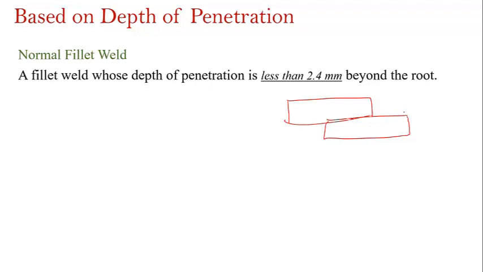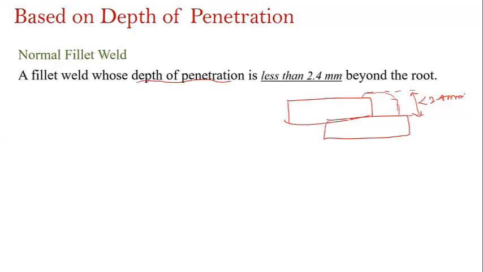What does a normal fillet weld indicate? It is a fillet weld whose depth of penetration is less than 2.4 mm. That means if you are providing the weld here, and the depth starting from here is less than 2.4 mm, then it is called a standard fillet weld.